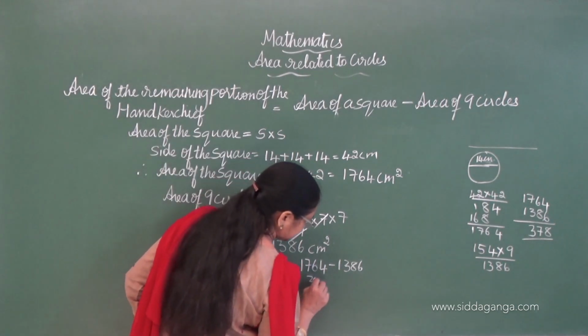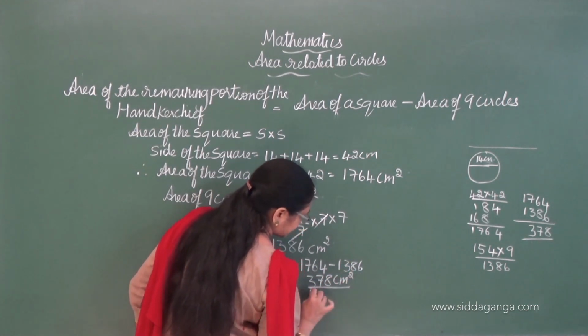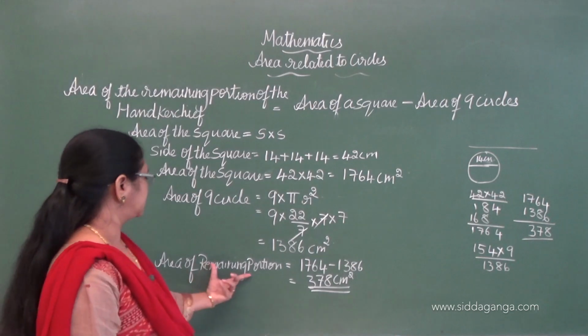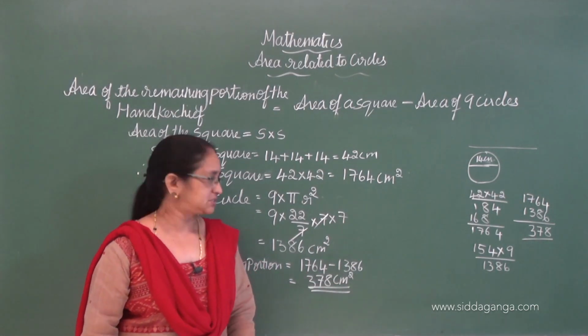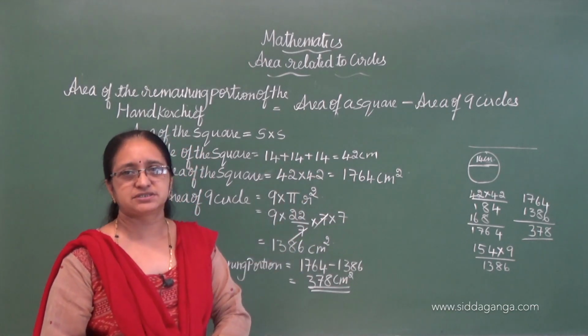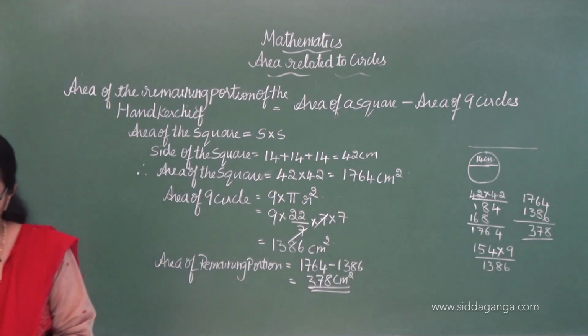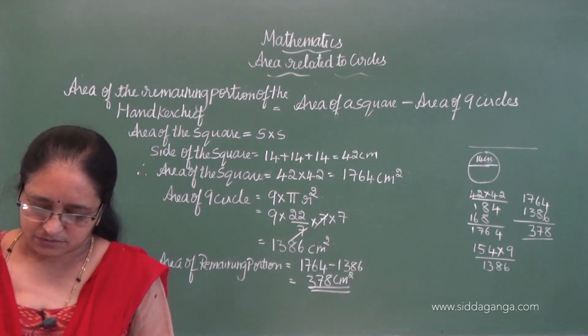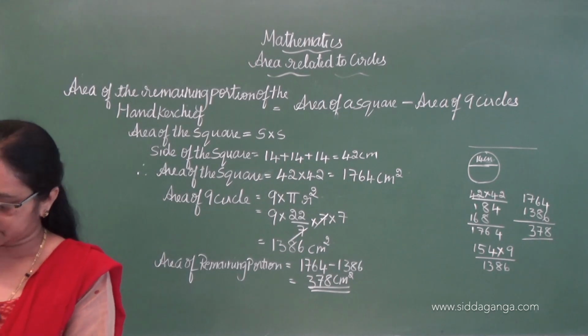Okay, 378 centimeter square. So this is the area of the remaining portion. Isn't it easy? This sum is very easy. Okay, so now we shall work out the next one.